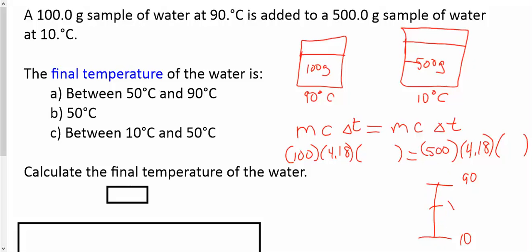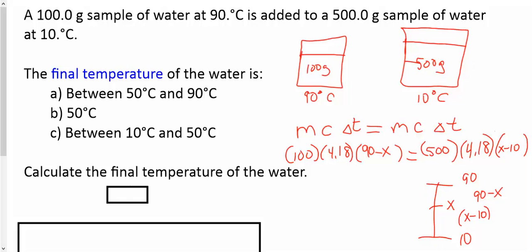We'll call that X. So the expression for the warm water delta T, it started at 90 and ended up at X. So 90 minus X. We can put that here. The warm water goes through 90 minus X. The cool water heats up to some final temperature X. So we can say the delta T of the cool water is X minus 10.